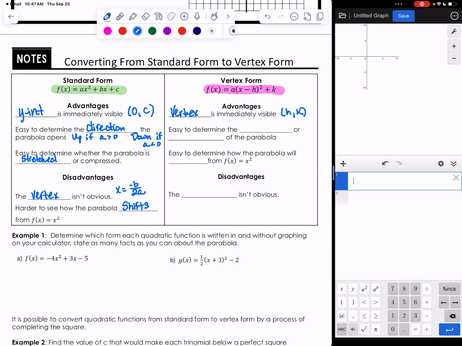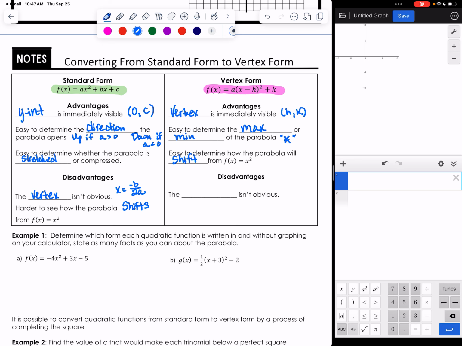It's also easy to determine the maximum or the minimum value of the parabola, and that will always be k, the value of k. It's also easy to determine how the parabola will shift from f of x equals x squared.